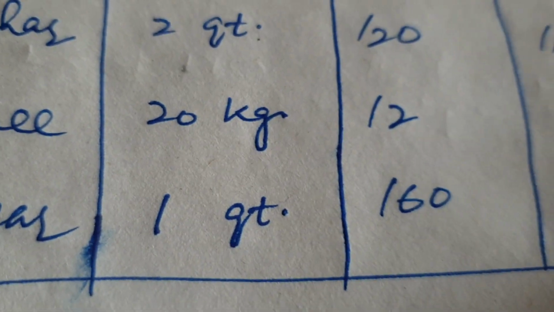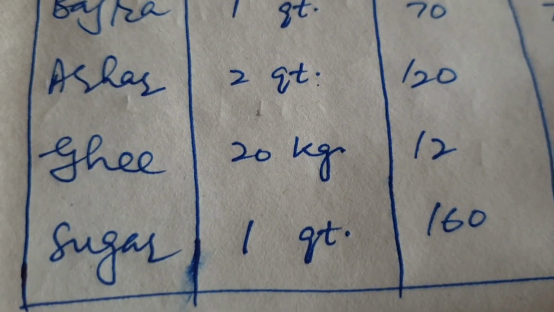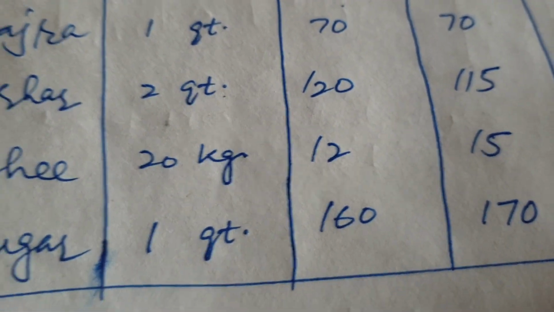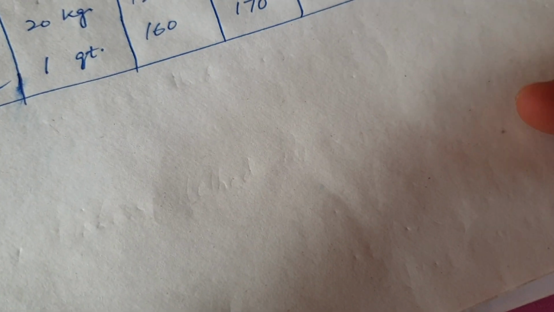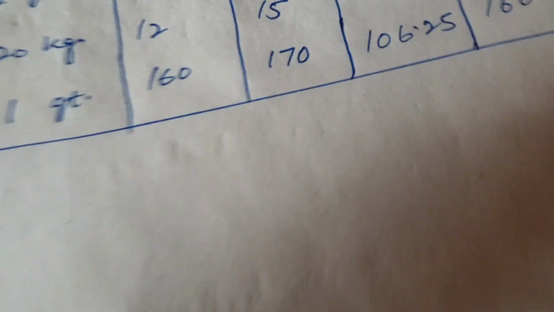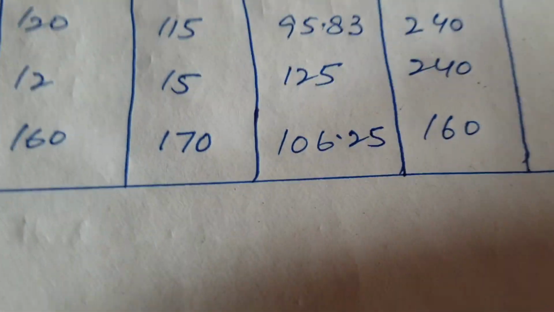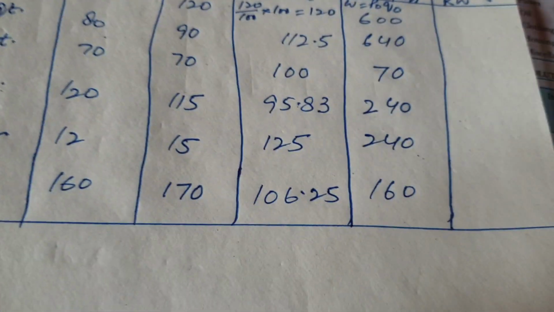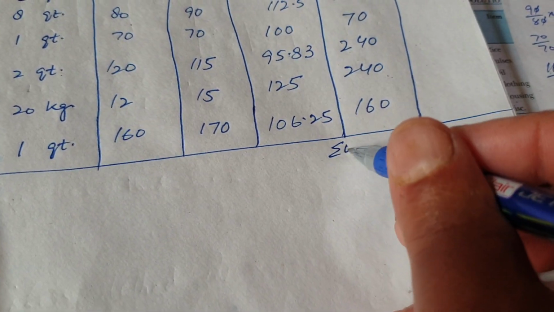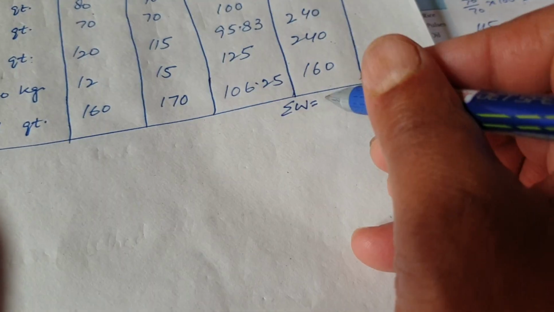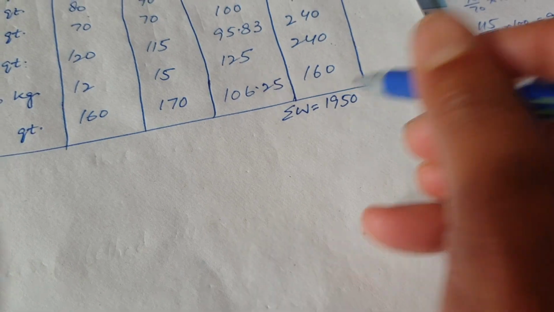Then 20 into 12: for ghee we have consumed 20 kg, the price is rupees 12, so 240 again. And then 160 into 1, that is 160. Now after getting W, we will sum it. We need to find sigma W, the summation of W, which is 1950.